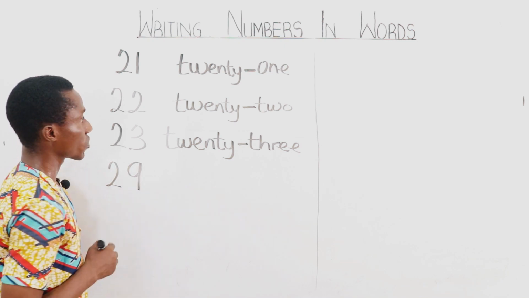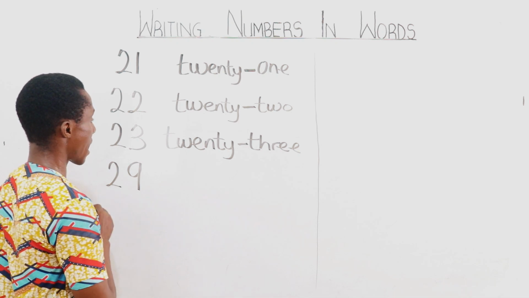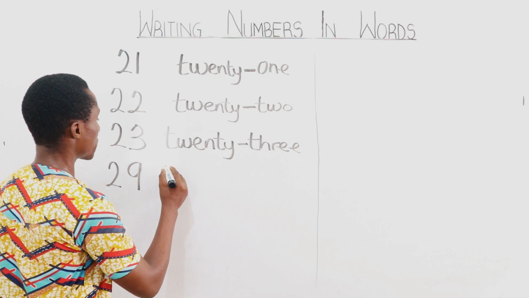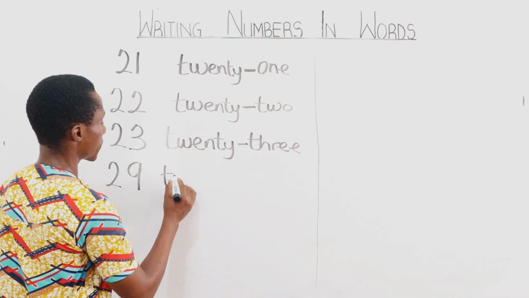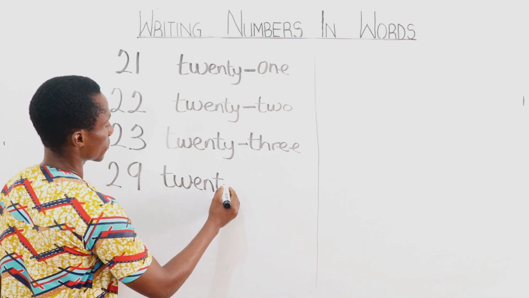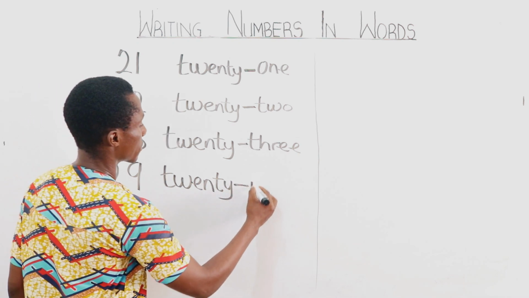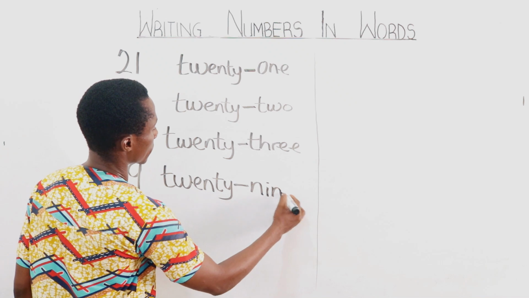And we can follow the same way to write 29. So we have 20 hyphen 9.